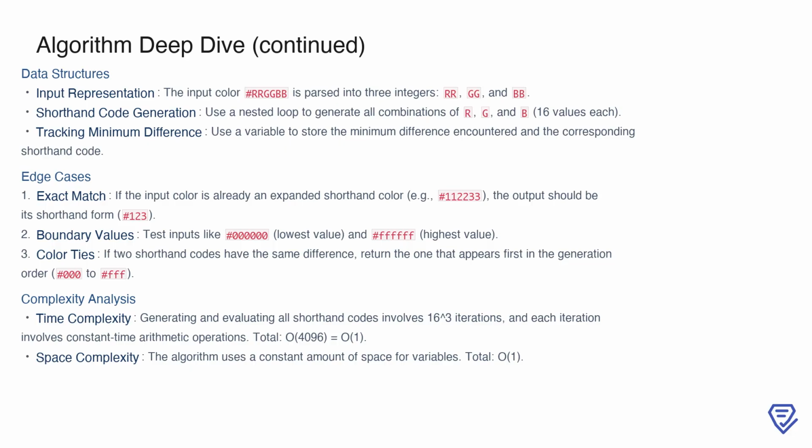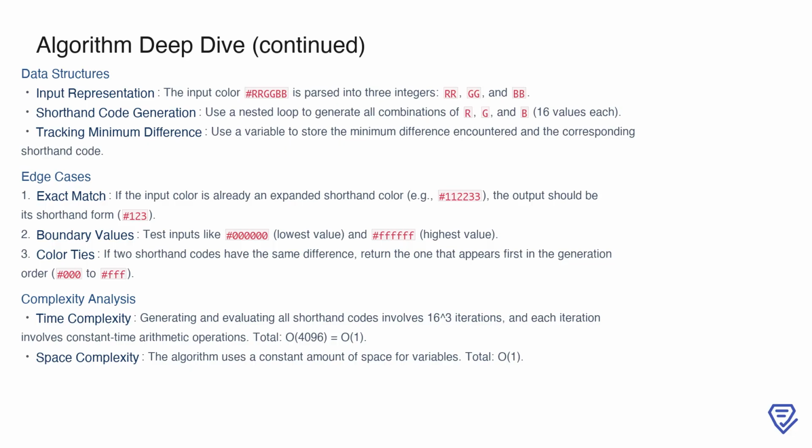There are also a few important edge cases to consider. If the input color is already an expanded shorthand color, such as #112233, the output should directly be its shorthand form, #123. For boundary values like #000000 and #FFFFFF, the algorithm must handle these extremes correctly.